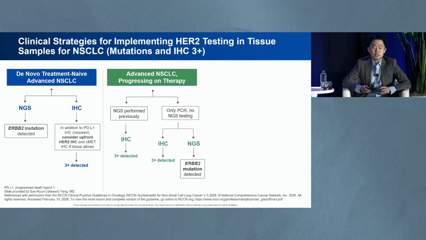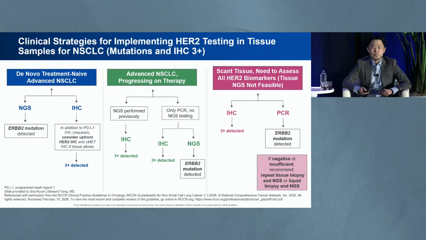And then in patients, sometimes we see where they only did a multiplex PCR, let's say for ERBB2, and they actually did not do NGS testing. And then let's say the HER2 status was considered negative. So this is kind of our patient that we described. In that case, I would actually repeat NGS, given the known limited sensitivity of PCR, to make sure that we're sequencing HER2 as well as doing IHC.